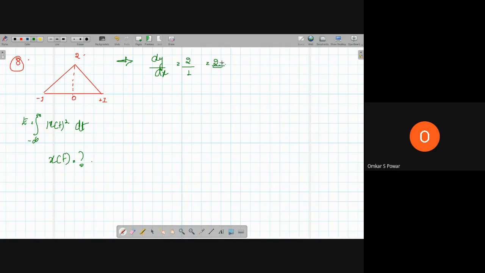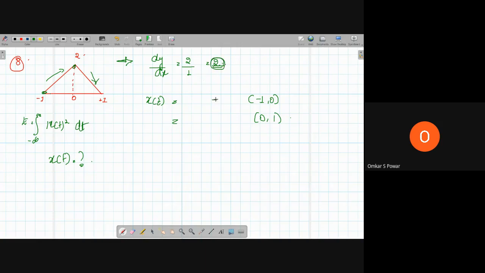Okay. Now x of t. So from minus 1 to 0 it will be increasing slope, and from 0 to 1 it will be decreasing slope. So let us consider from minus 1 to 0 this point. Okay. So what you got?